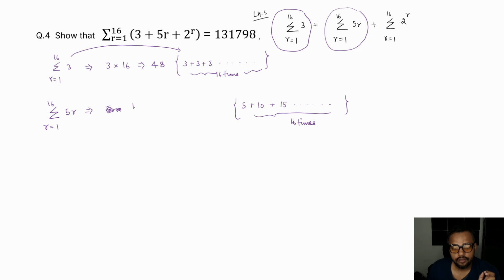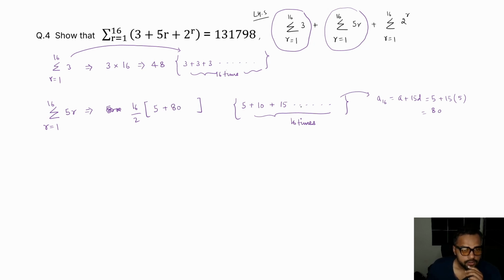So this will be 16 by 2, because it is repeated 16 times, times 5 plus the last term. The last term a16 equals a plus 15d. Here a is 5 and d is 5, so we are getting 80.